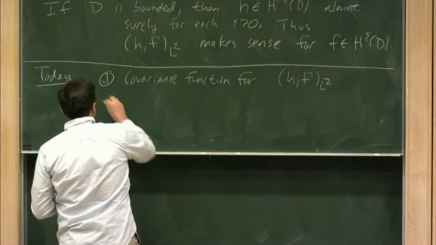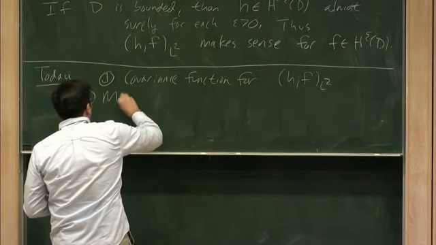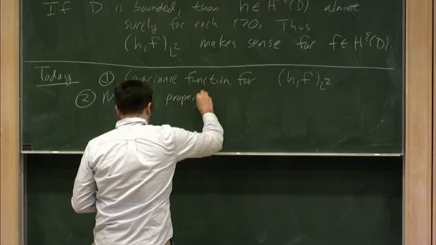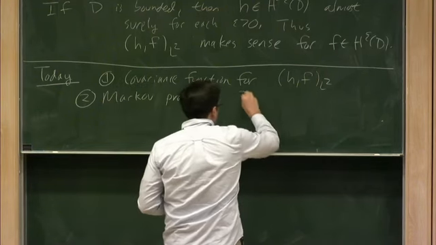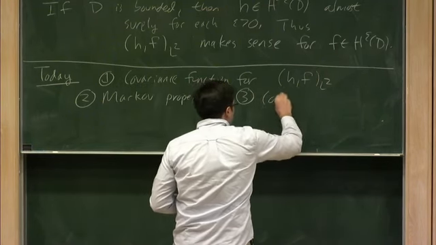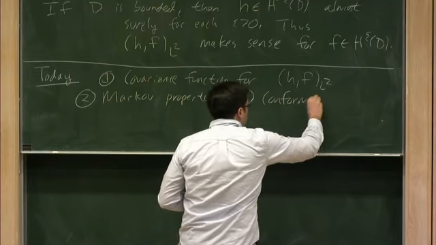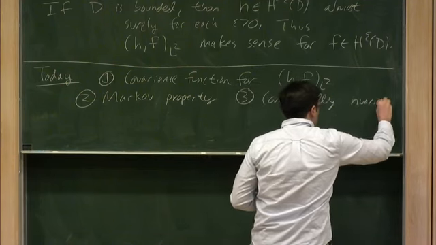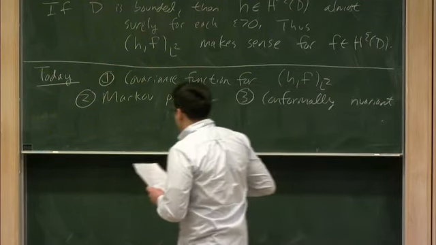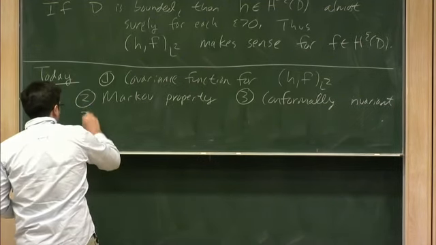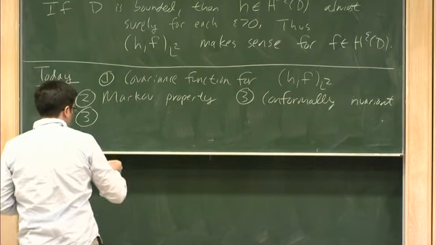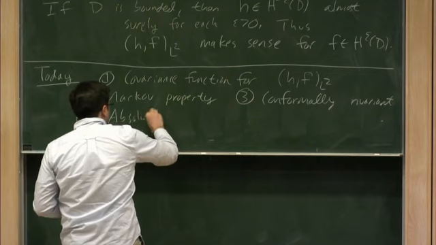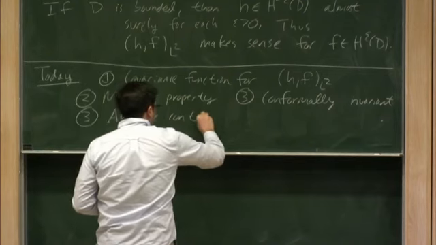Then we're going to derive the Markov property for the Gaussian free field. We're also going to prove today that it is conformally invariant. And then finally, if there is any remaining time, I'm going to just give you one result regarding the absolute continuity properties of the Gaussian free field.